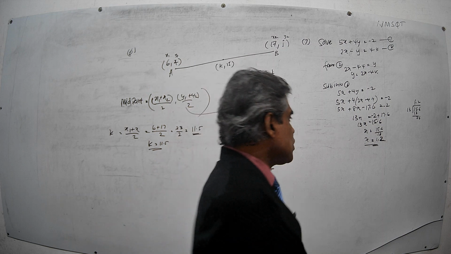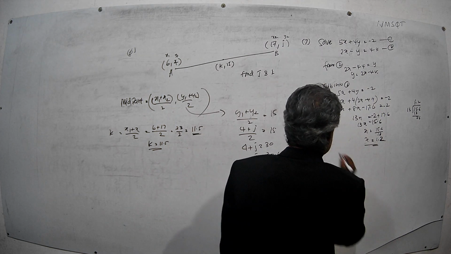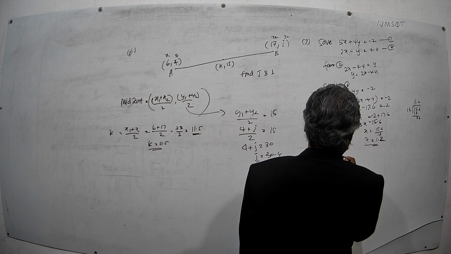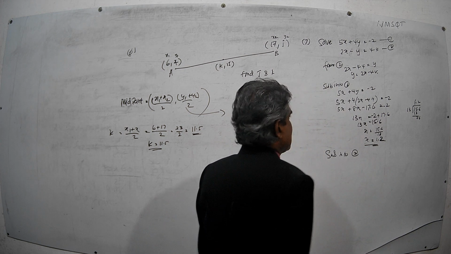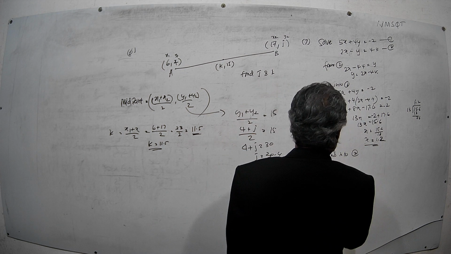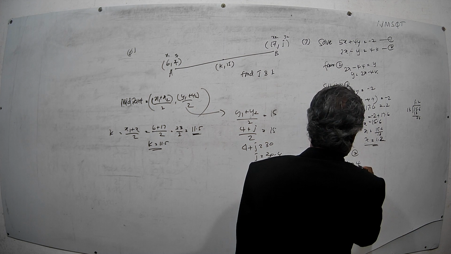Now substitute that into equation 2: 2x minus y equals 4.4.